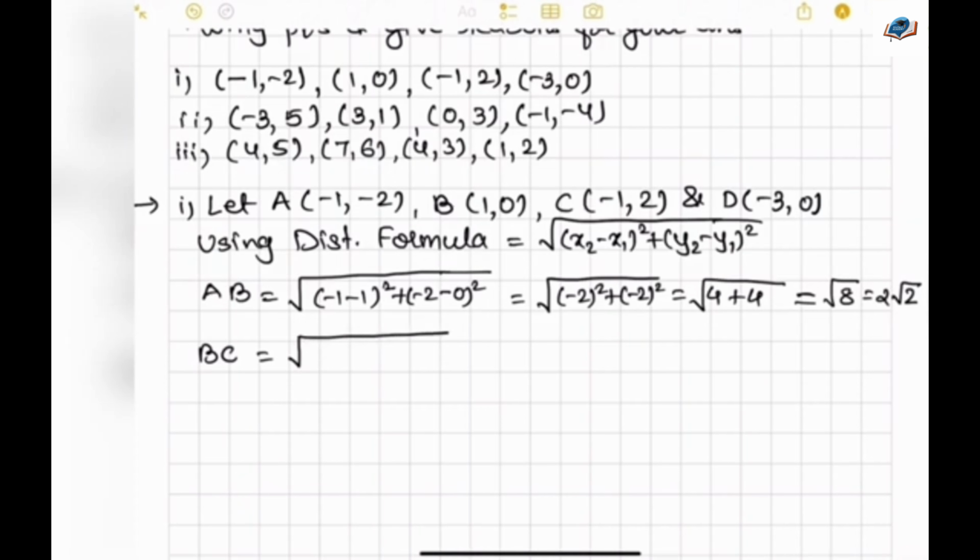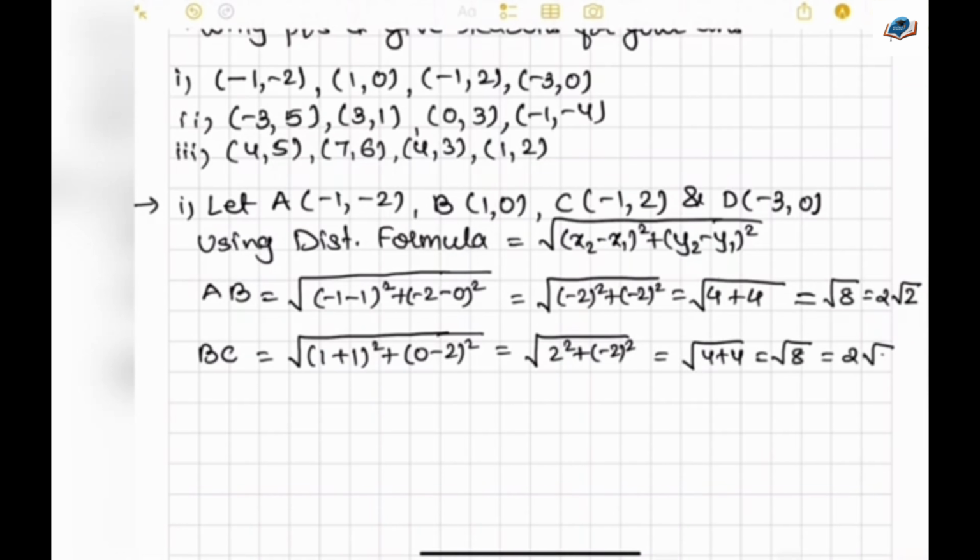Now let me find BC. So BC is root of (1 minus of minus 1), so plus 1 whole square, plus (0 minus 2) whole square. So that also will be 2 square plus (-2) whole square. So that will be 4 plus 4, so root 8, so 2 root 2.